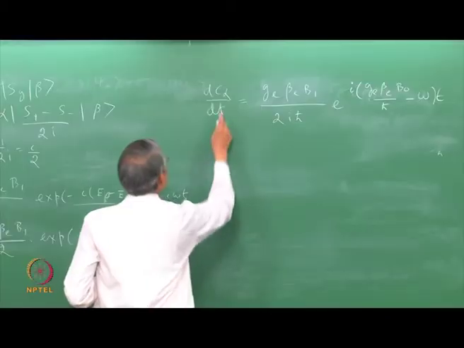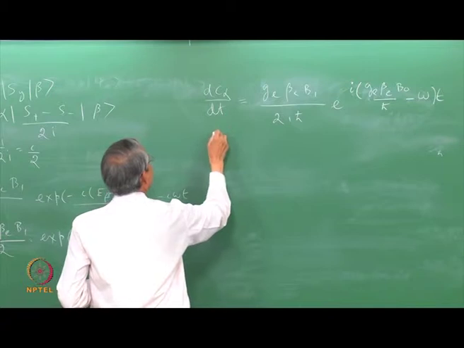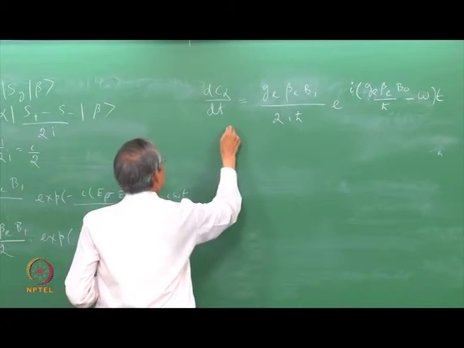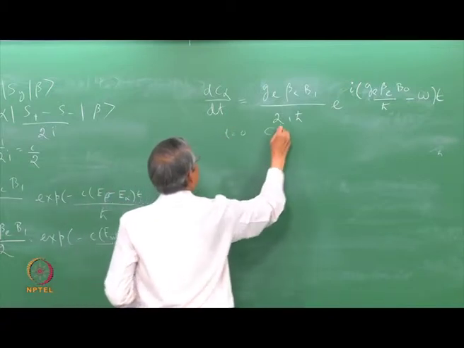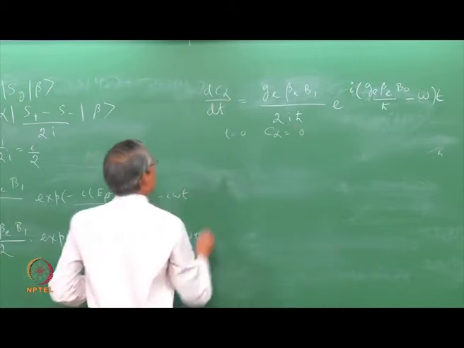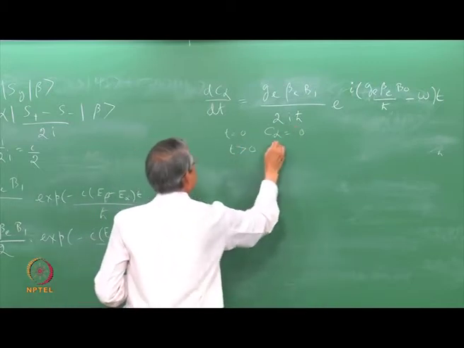If we integrate this now with respect to time, then at let us say t equal to 0, C alpha equal to 0, and t greater than 0, this is C alpha.